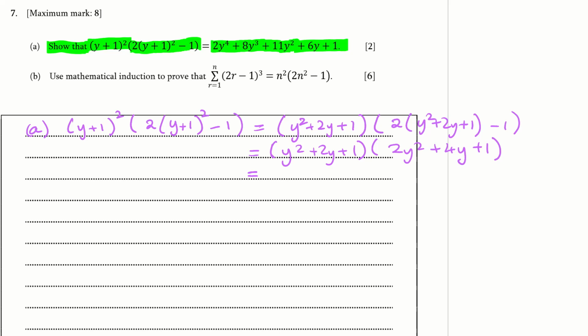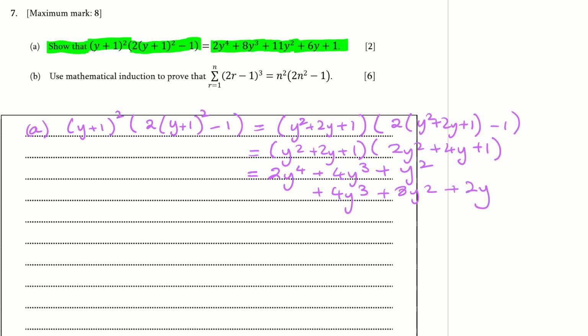Multiplying y squared by everything in the second bracket gives us 2y to the 4 plus 4y cubed plus y squared. And then doing 2y times everything in the other bracket gives us 4y cubed plus 8y squared plus 2y.